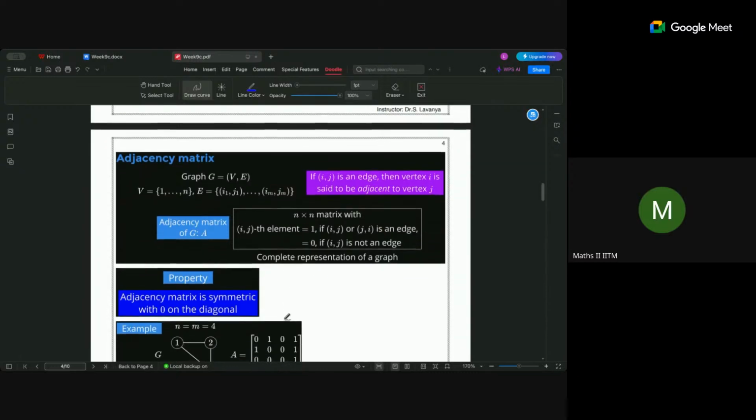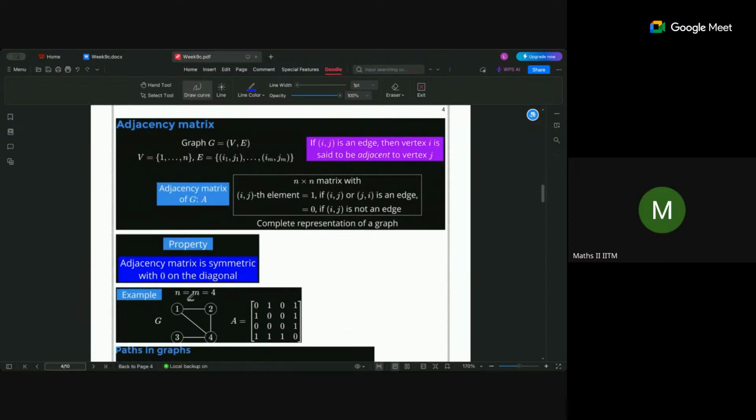So for example, you take this particular graph. Now where are the edges? You see an edge between 1 2 or 2 1, either way you can say it. And then you can say 1 4 or 4 1. Same way 2 4 or 4 2, and 3 4 or 4 3. So these are the edges.